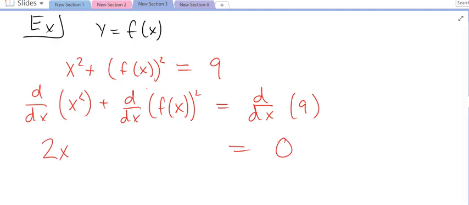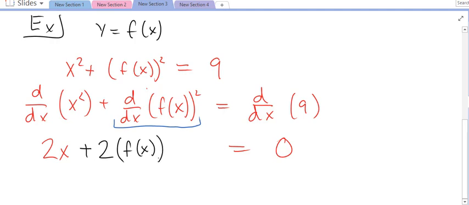Now, the interesting bit is the part that I replaced, this d/dx of f of x quantity squared. To take this derivative, I have a function squared, so I want to think about that using the chain rule in the way that we have before. I bring down that 2, subtract 1 from the exponent, leave the inside alone, this f of x, and then take the derivative of the inside. Now, I don't necessarily know what that derivative is, but I can still denote it with f prime of x.